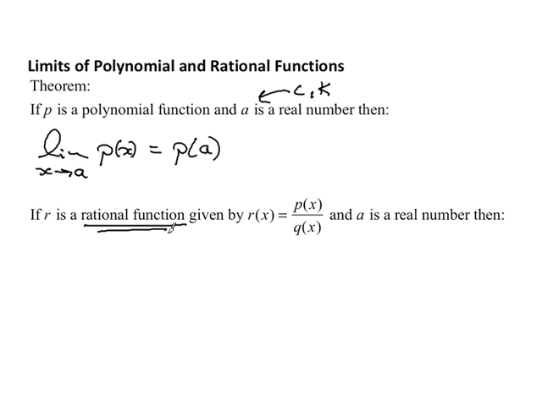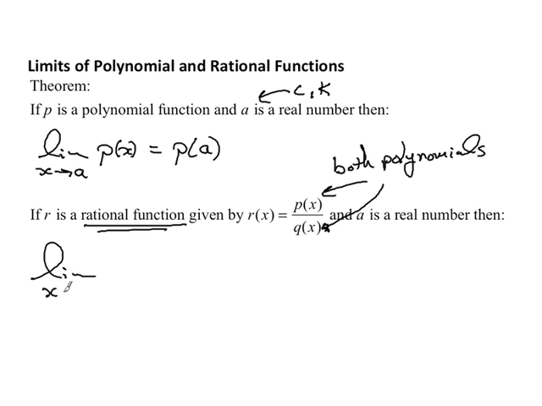If r is a rational function given by r of x, where r of x is p of x over q of x, and p of x and q of x are both polynomials, and again, a or c or k, whatever, is a real number, then the limit as x approaches a of p of x over q of x, this is supposed to be q of x, that's the limit as x approaches a of r of x, this rational function.